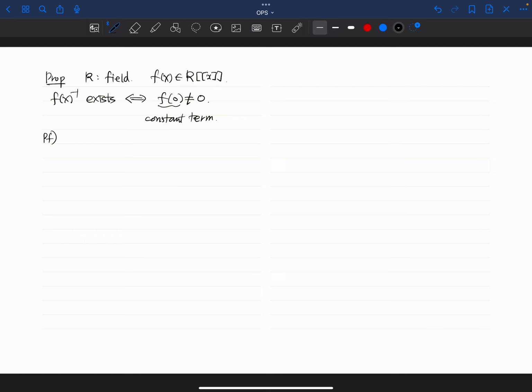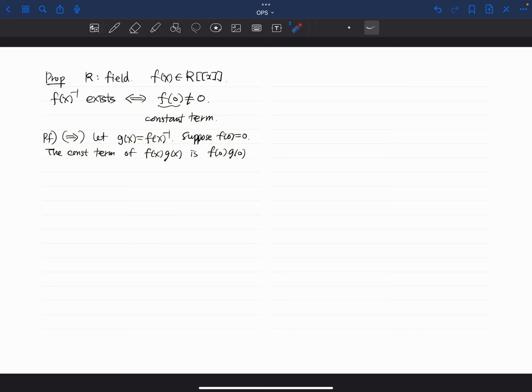So let's prove this. So this direction: let g(x) be the inverse. And just for a contradiction, suppose f0 is 0 and see what happens. Then the constant term of f(x) g(x) is f0 g0.